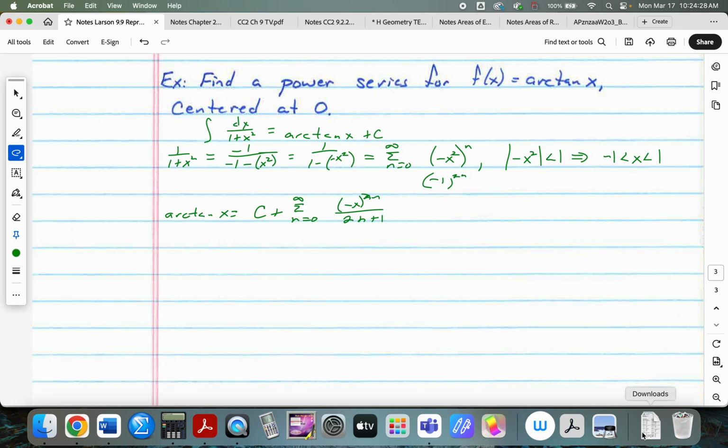Oh, sorry, negative 1 to the n times x to the 2n plus 1 over 2n plus 1. And I believe it has the same interval of convergence. And you don't have to find C? When x is equal to 0, arctangent is 0. Oh, okay. I see. So C ends up being 0 again.